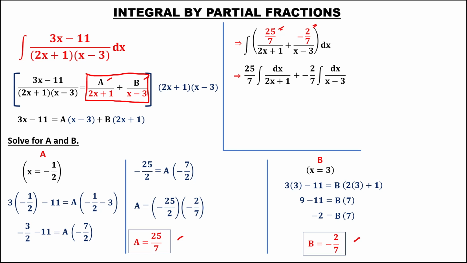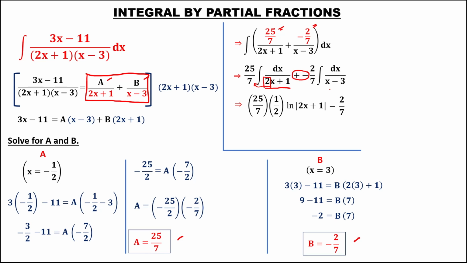Then to find the integral, we have this 25 over 7. Observe on this term, in the denominator there is a number on the first term, so we need to put this number outside. So this is 1 over 2, times ln of the denominator, 2x plus 1. Then for this positive and negative, this becomes negative.